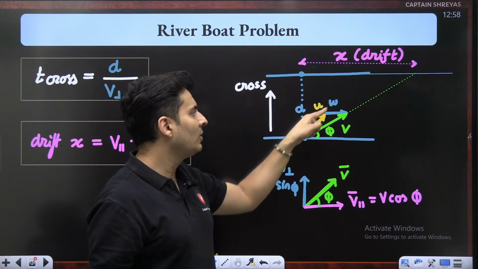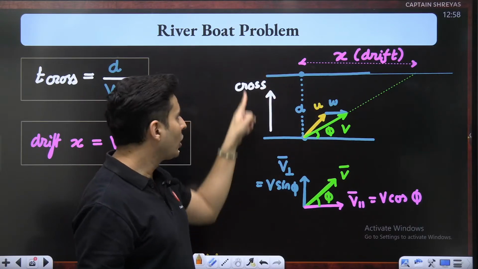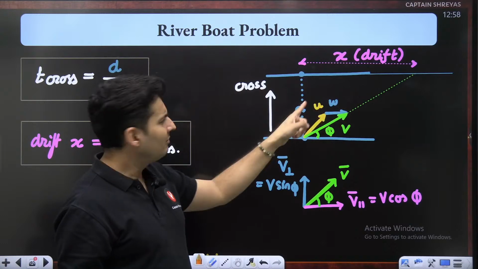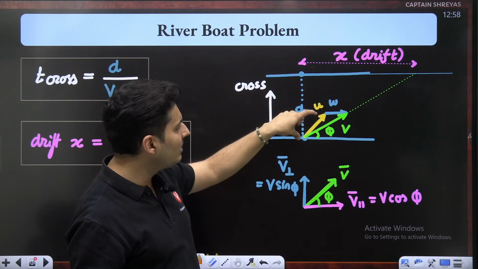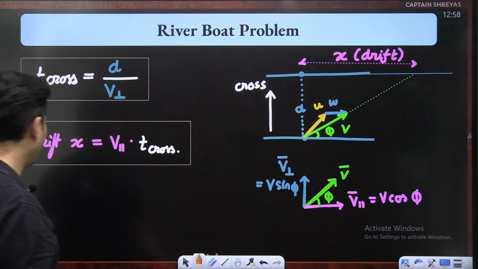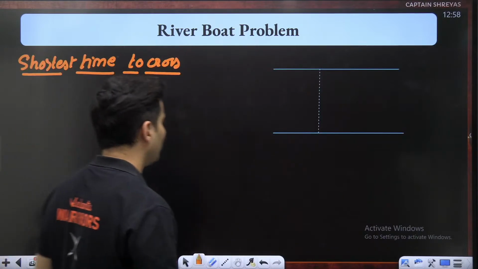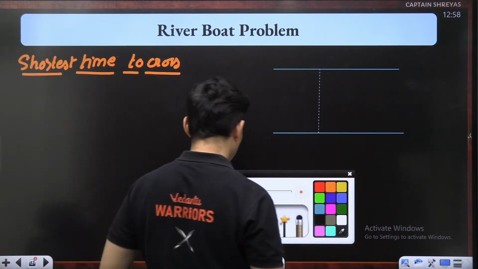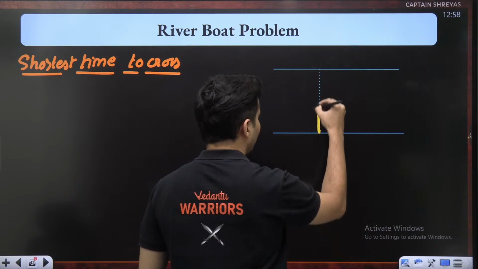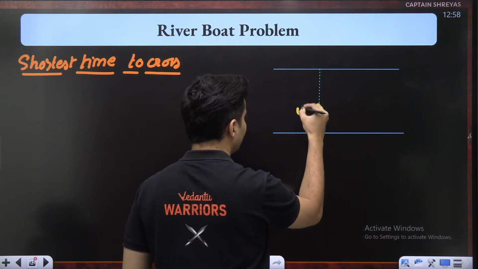See, the river is not contributing here. To cross, it is perpendicular. Water velocity is perpendicular. So you will keep u perpendicular so that you are able to cross in the least amount of time. So that is the reason why you will see that your swimming strokes will be here.